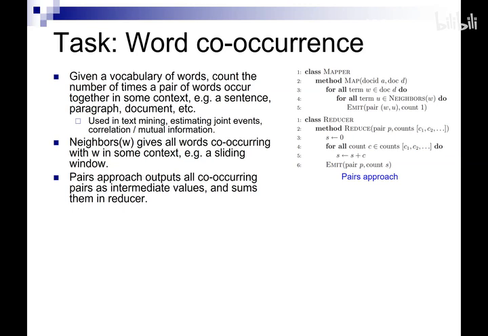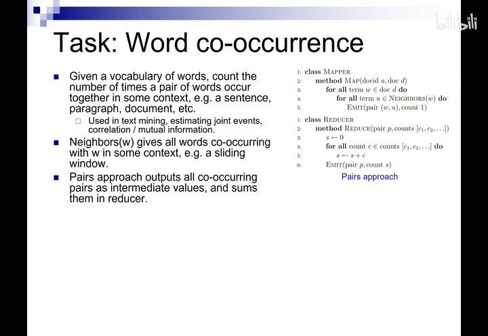Okay, so the first method is going to be called the pairs method. Basically here, for each document that we're processing, and for every word in that document, we're going to use this neighbors function, and we're going to find all of the other words U which co-occur with this word W. And then for each pair of W and a co-occurring word, we're going to output a count of 1.